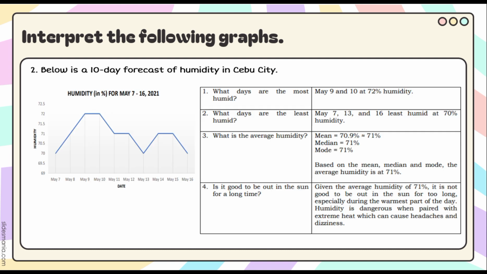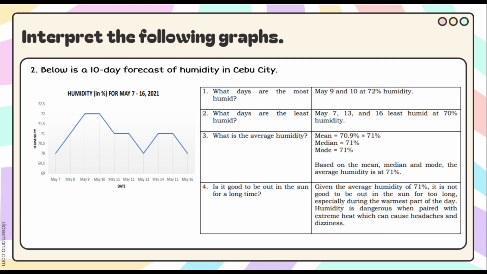So we have here the questions. We have May 7, May 8, May 9, May 10, May 11, May 12, May 13, May 14, 15, 16. These are the dates. And the humidity levels, we have 69, 69.5, 70, 70.5, and so on. For question number 1, what days are the most humid?